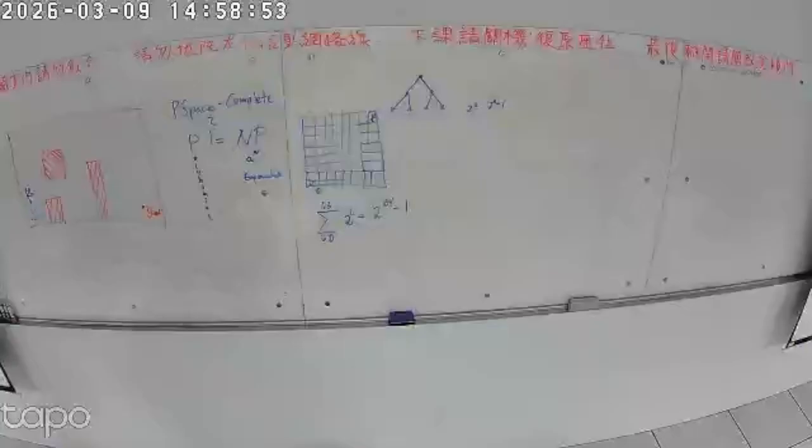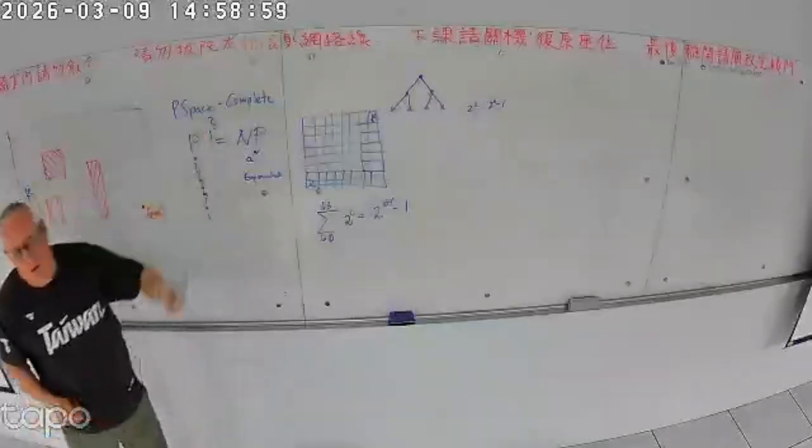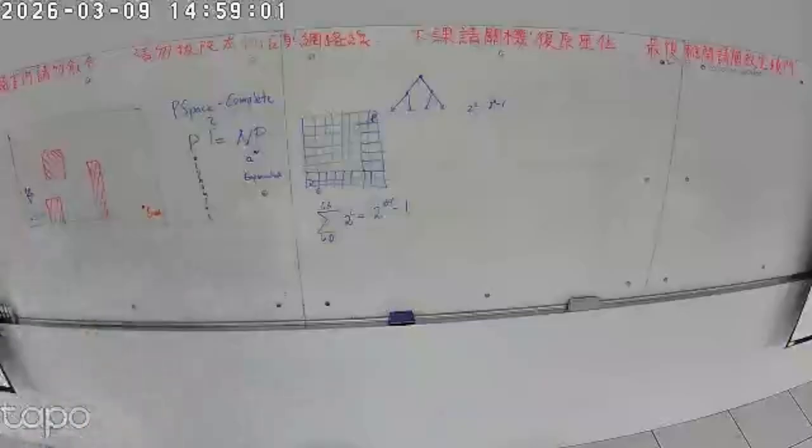We don't even know that. The only thing we know is that we can compute it by using a polynomial amount of memory. But we're not even sure if exponential 2 to the 64 is big enough or not. So this is a pretty tricky problem for the general motion planning problem.